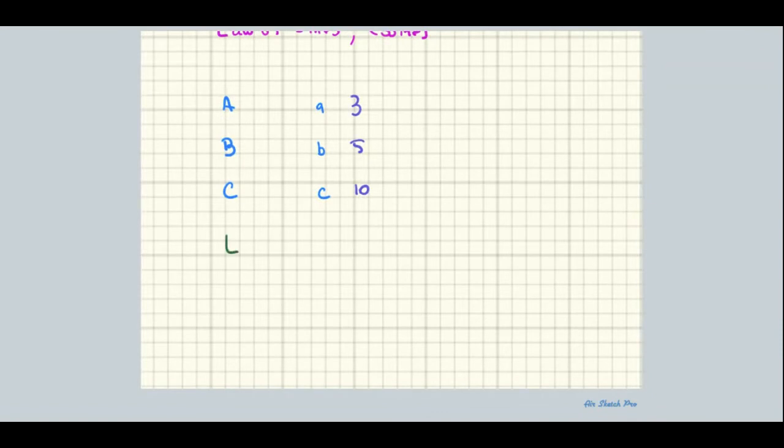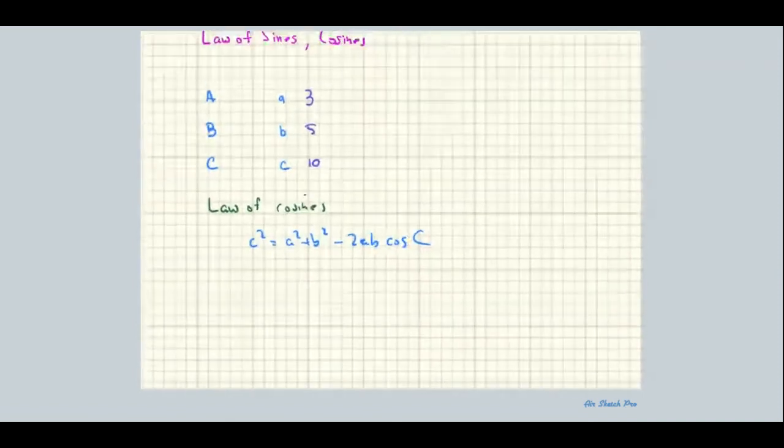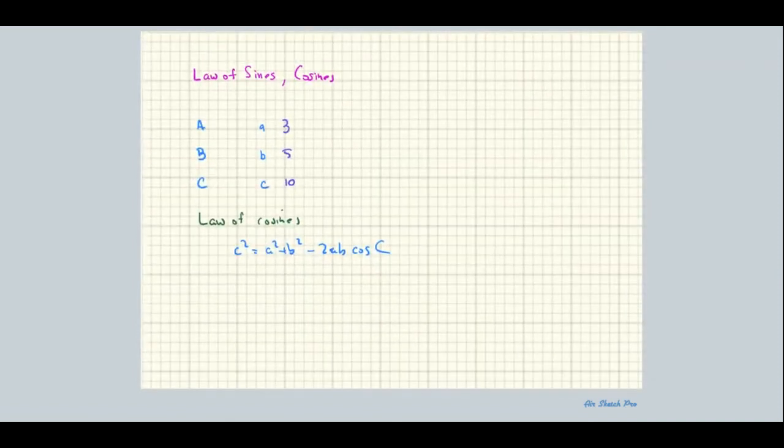And the law of cosines comes in two forms: c squared is a squared plus b squared minus 2ab cosine c, or cosine c equals a squared plus b squared minus c squared over 2ab.